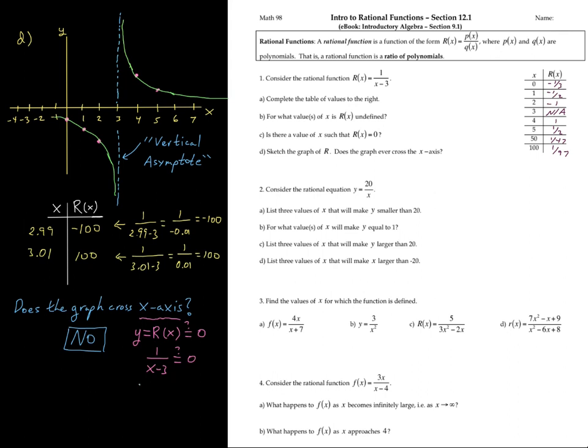And this just simply never happens. Okay, so we can say here this never happens. And so the answer to the last part of question D is simply no. We do not ever cross the x-axis.